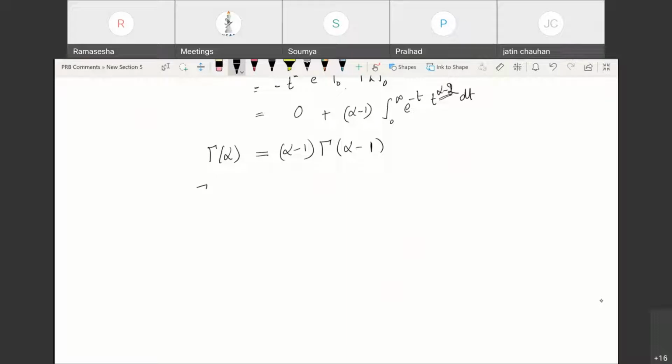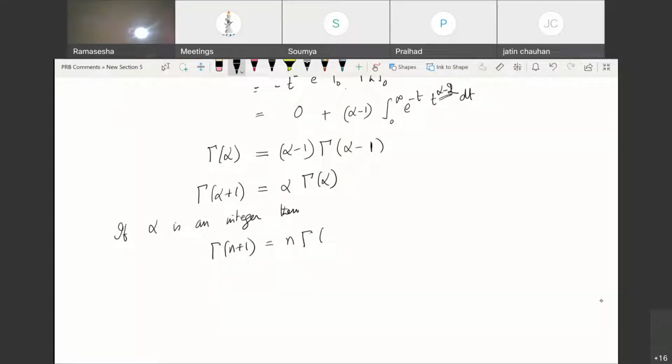Okay. So if alpha, then if I take this is equal to gamma equal to times gamma n minus etc. I go on till gamma 1. Okay.